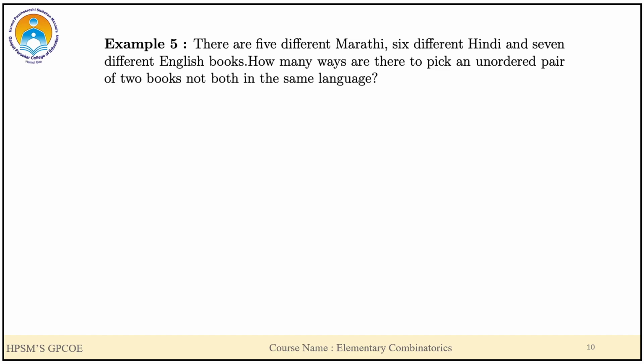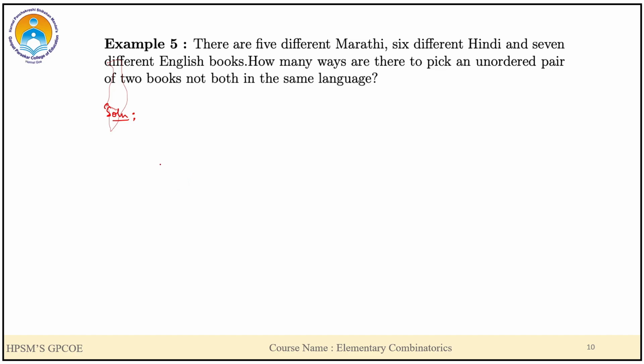Now let us look at the last example in this module. Now there are 5 different Marathi, 6 different Hindi and 7 different English books. How many ways are there to pick an unordered pair of 2 books, not both in the same language? So you can see here, unordered pair means you can first pick Marathi book and Hindi book, or you can pick Hindi or a Marathi book, one and the same pair.